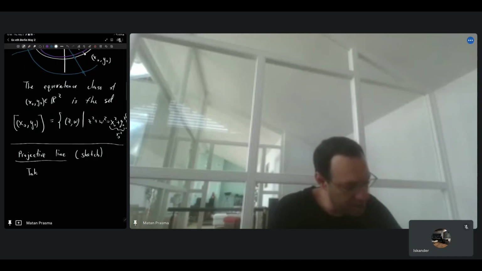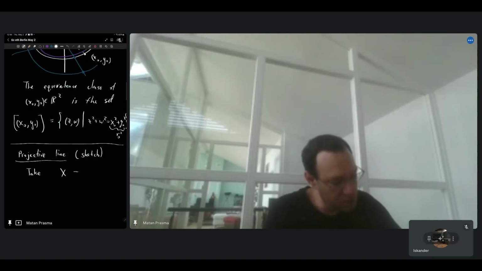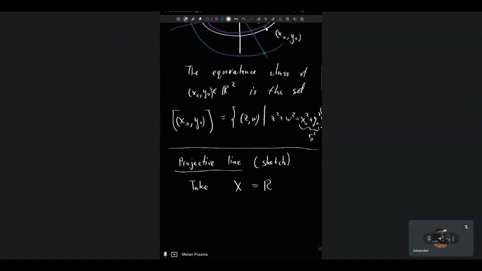So I take the set X to be the set of all points in the plane that are not the origin. So this is like the punctured plane.